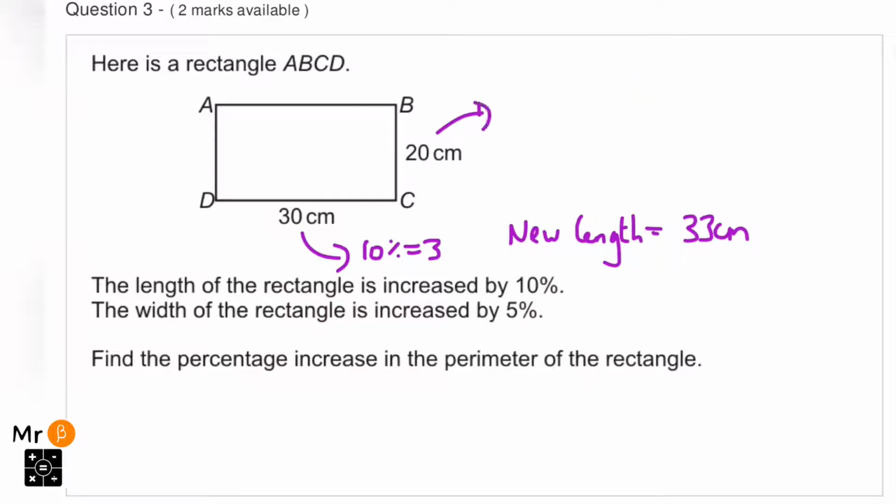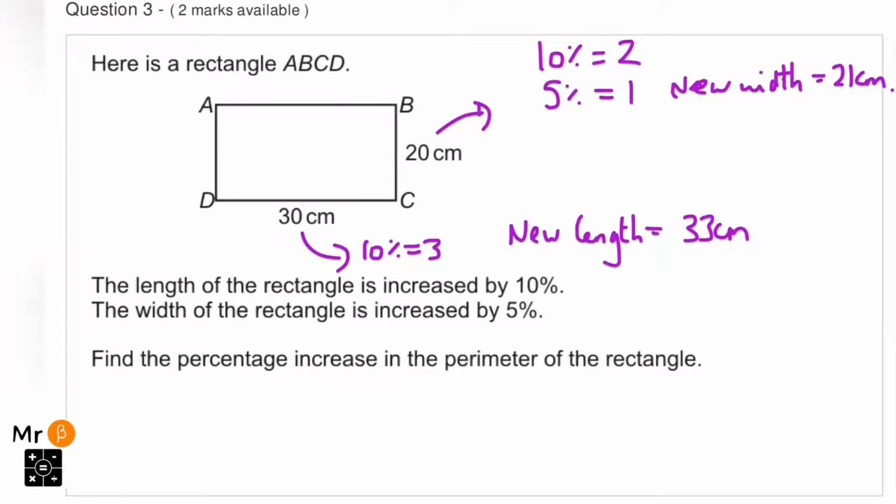If we work out what 5% of our width is, well, first of all, we know that 10% is 2, so therefore 5% is 1. So our new width must be equal to 21 centimetres.